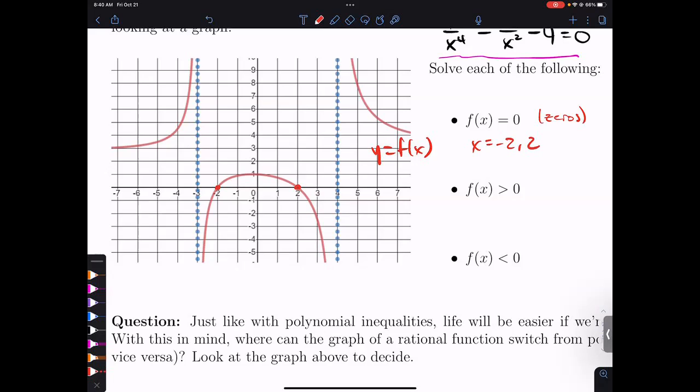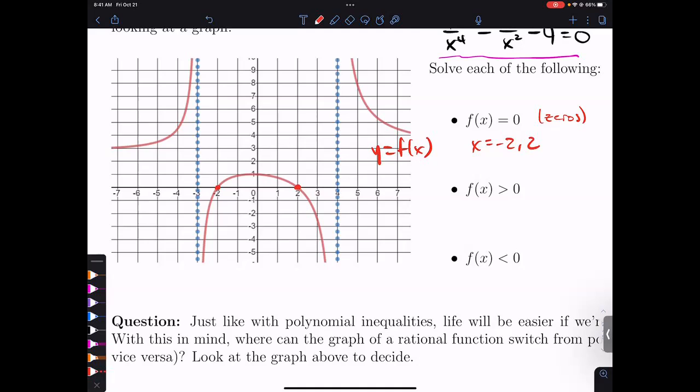Now if we're going to ask about solving an inequality, though, asking where it's greater than 0 or less than 0, think about where we've done inequalities up to this point. We needed to find the zeros and then sort of test around them and see what happened, right? Figure out, either with a graph or by plugging in points, does this sit above the axis or below the axis?